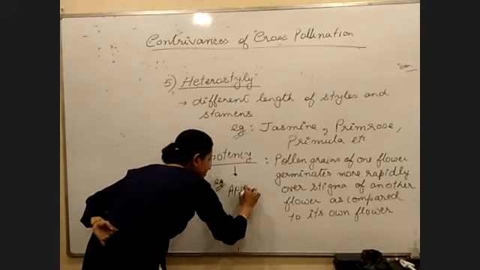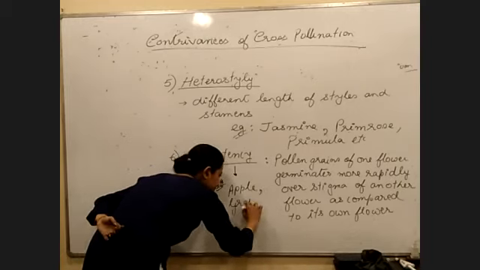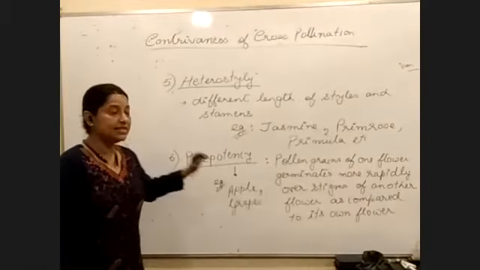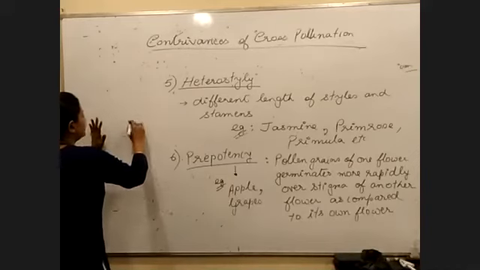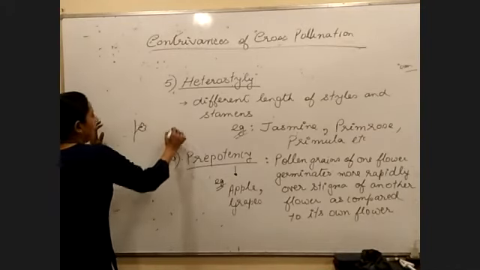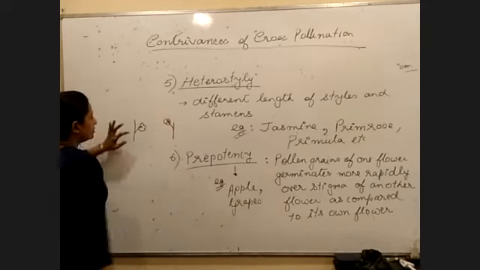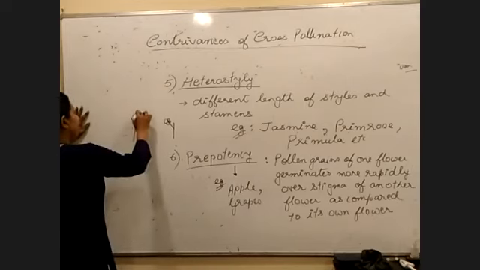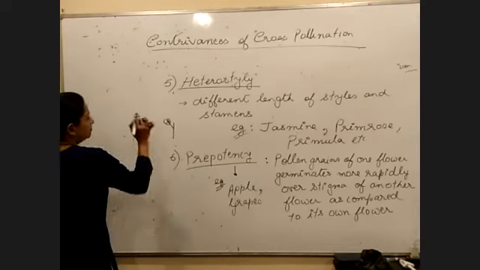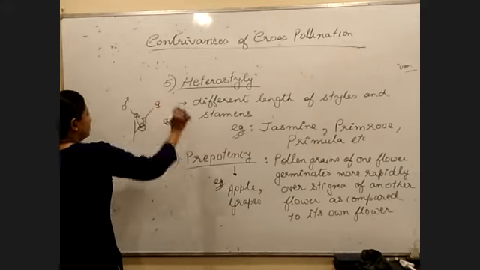Just read the statement and see what you understood. Prepotency means what? We are talking about one condition. For example, we have a plant here with a flower, and another plant here, and here also we have a flower. In this flower you will have the male reproductive part and the female reproductive part.